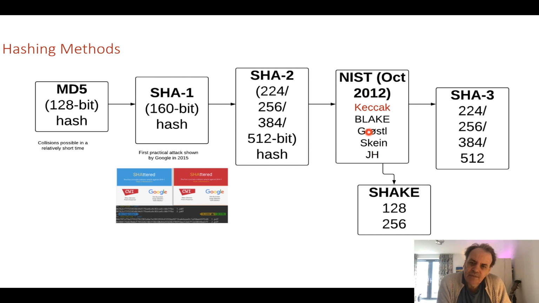We'll see the performance of these in a little minute. It was announced in October 2012 that the winner was Keccak, the one we're going to have a look at. SHA-3 has since been standardized for 224-bit, 256, 384 and 512-bit.